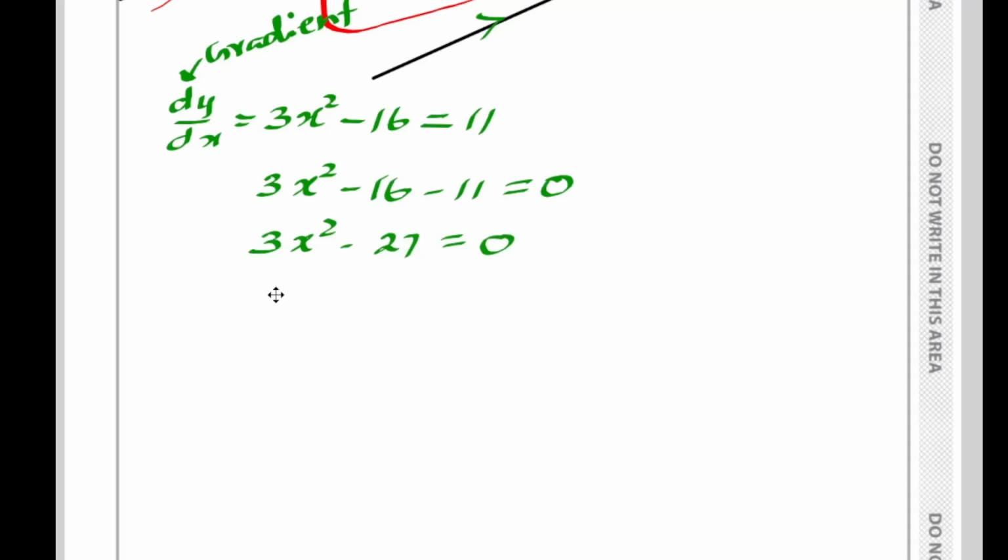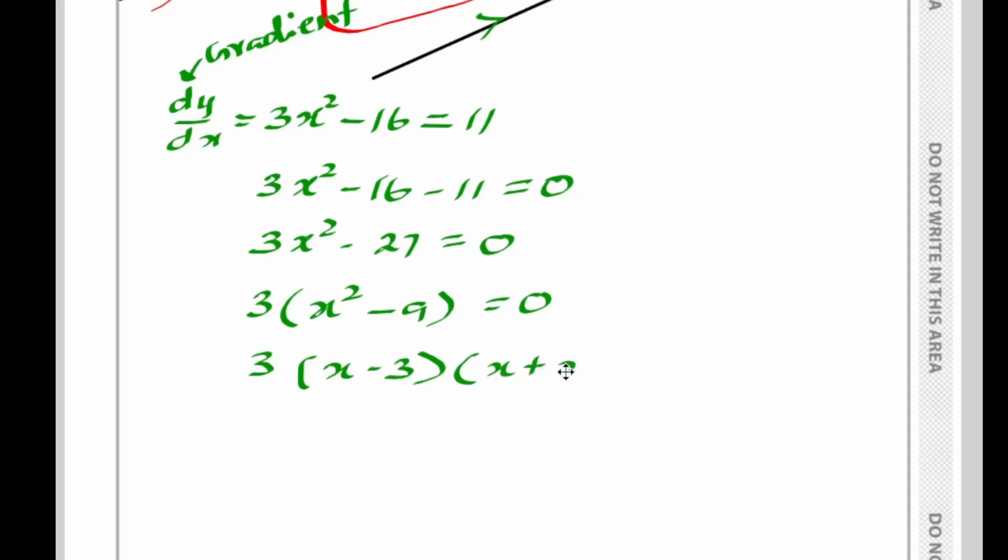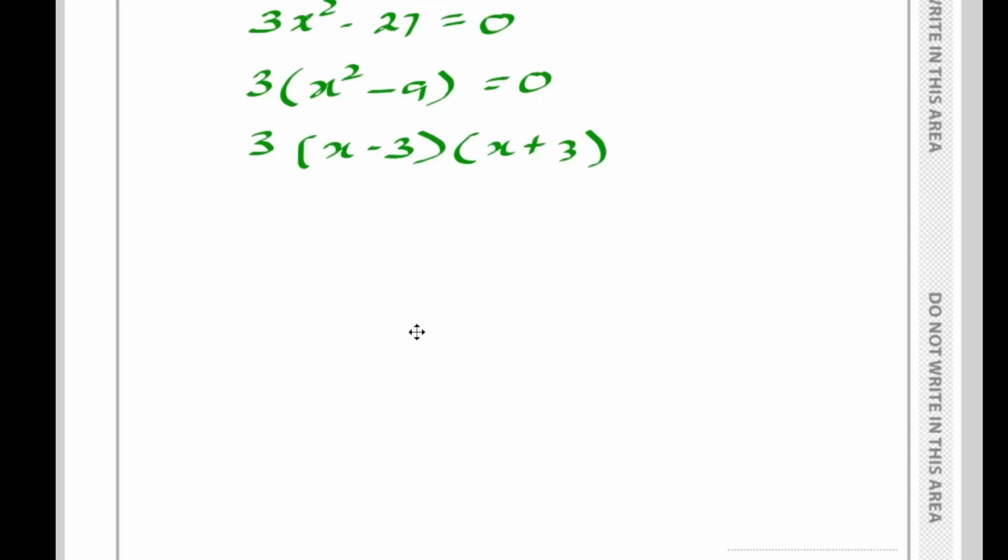So I'm factorizing 3, then x squared minus 9 equals 0. Then 3 times (x minus 3)(x plus 3). This is difference of squares, or you can use the calculator, equals 0. Then we are getting the answers, x equals 3, x equals minus 3.